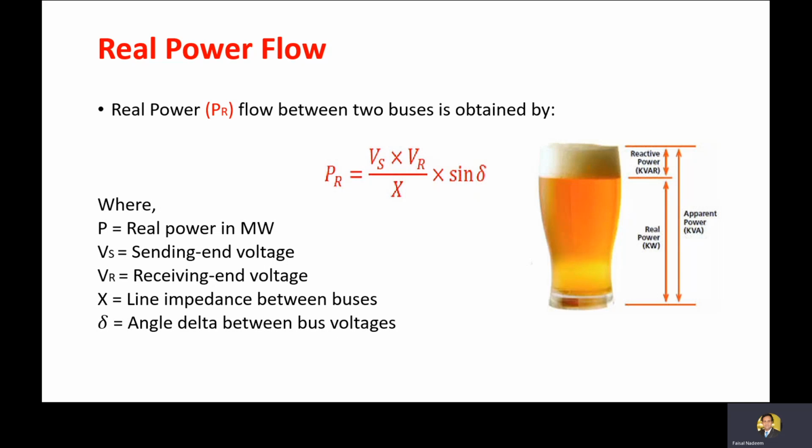The value of this angle delta can be a maximum of up to 90°, it should be between 0 and 90°, and it should not increase beyond 90°.